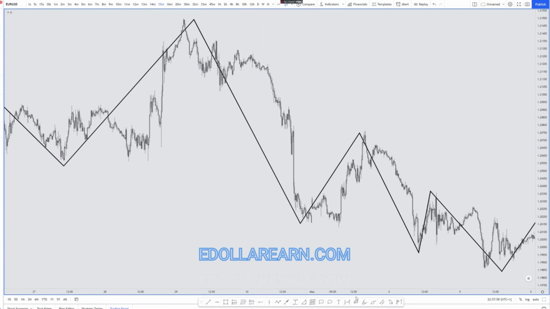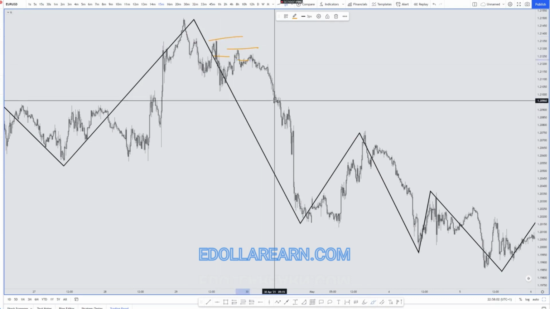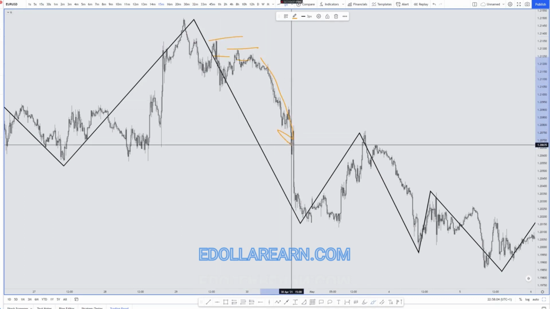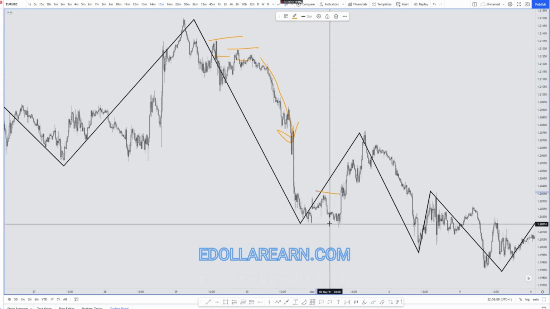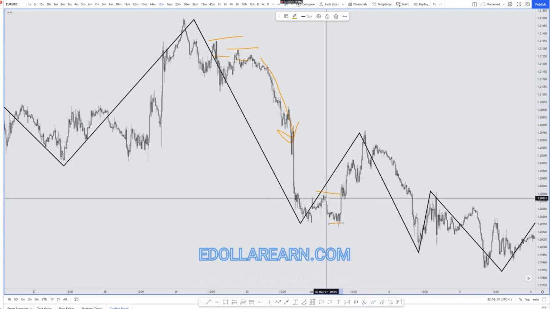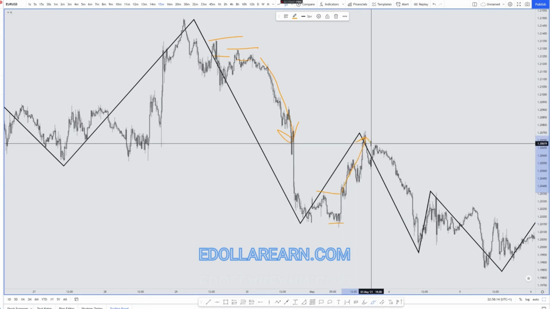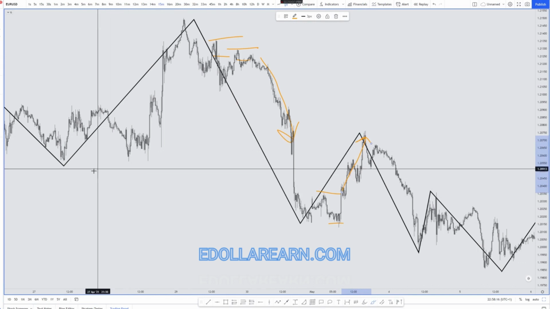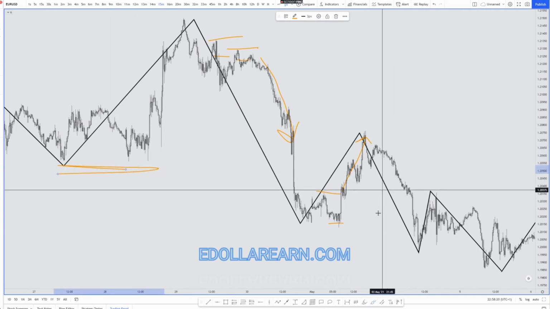So if this whole time we have supply in control, and pretty much this whole time supply is in control. Now on the 15, supply finally loses control here and demand takes over. Now we don't know if it was just going to be to grab this liquidity or if the 4-hour is going to confirm the trend.